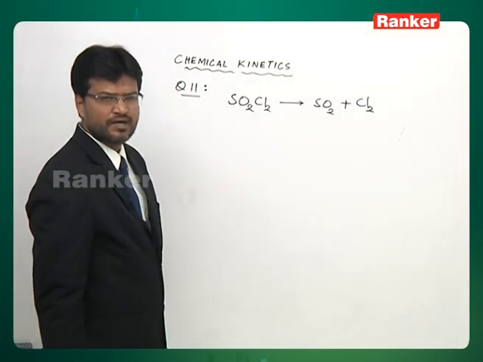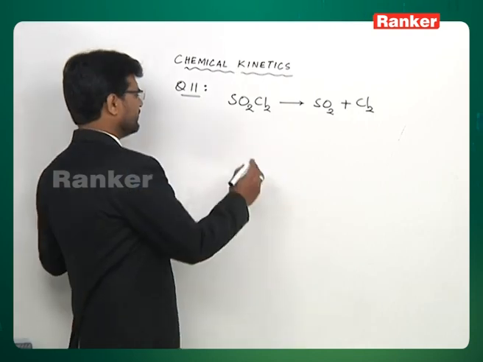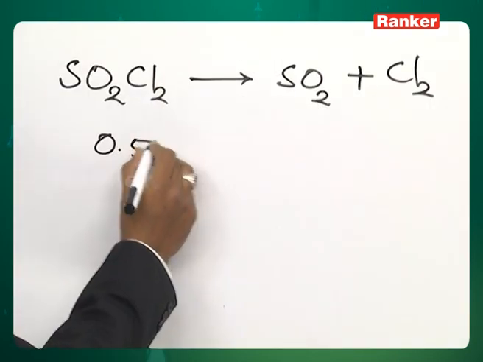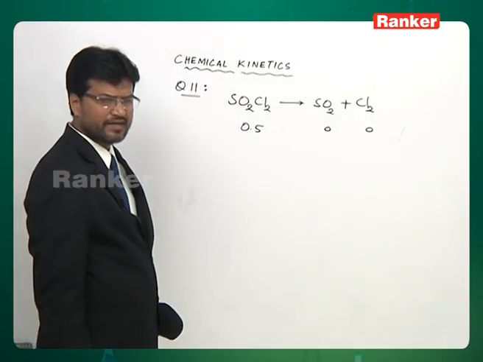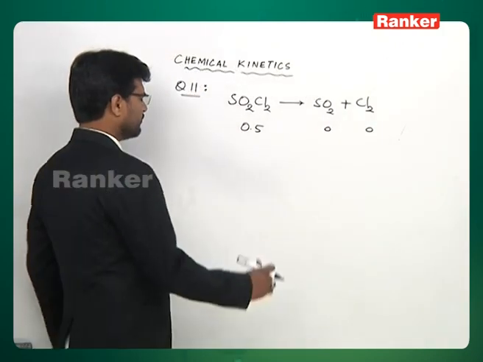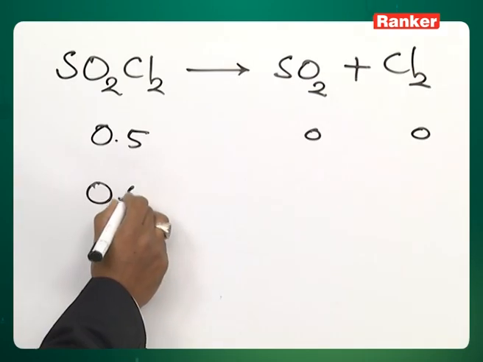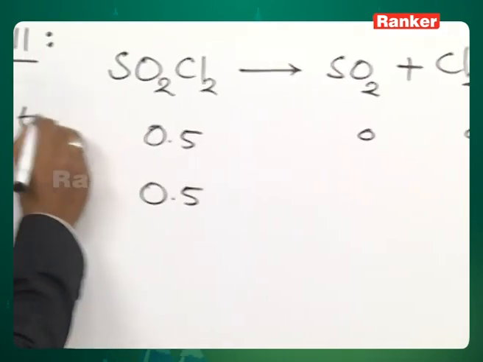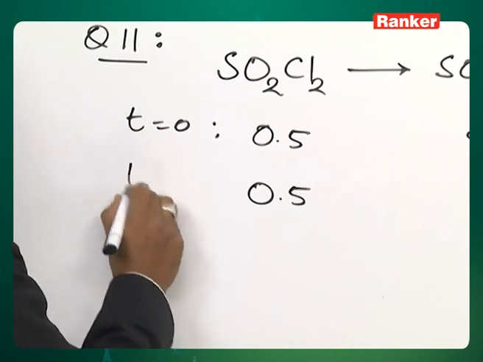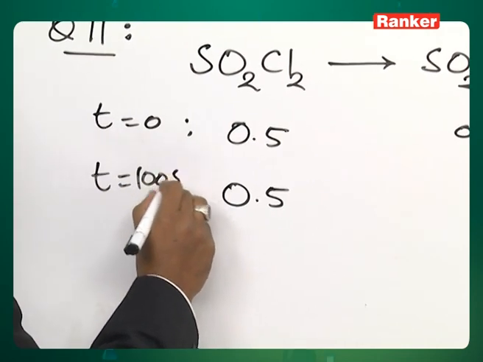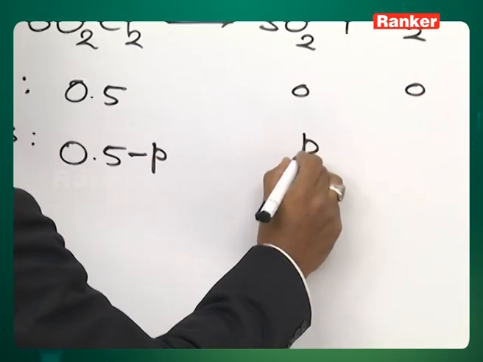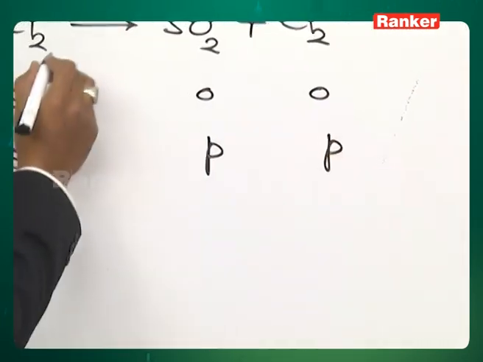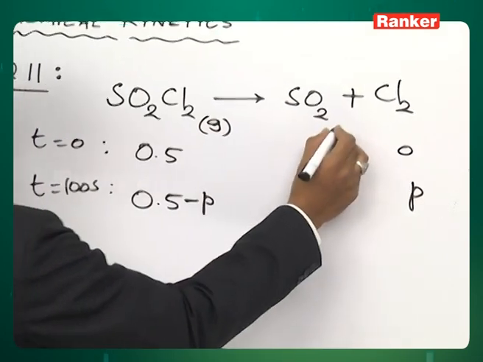Now, initial pressure is 0.5 atmospheres. This becomes 0. And the total pressure at 100 seconds is 0.6 atmospheres. So, what you need to do is, after 100 seconds, this is T equals to 0, T equals to 100 seconds. It is 0.5 minus P, this becomes P atmospheres, this becomes P atmospheres, because these are all gases.